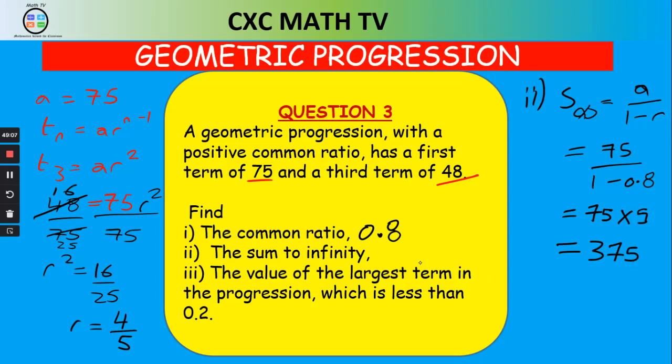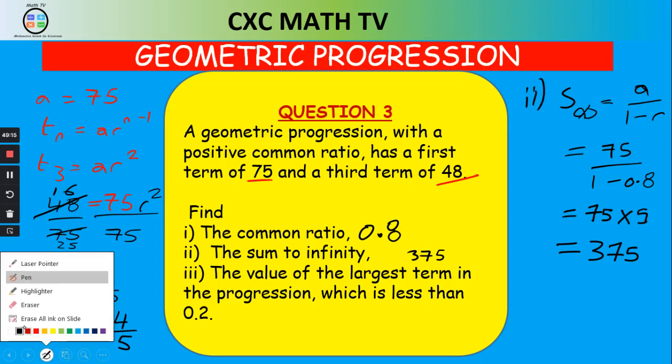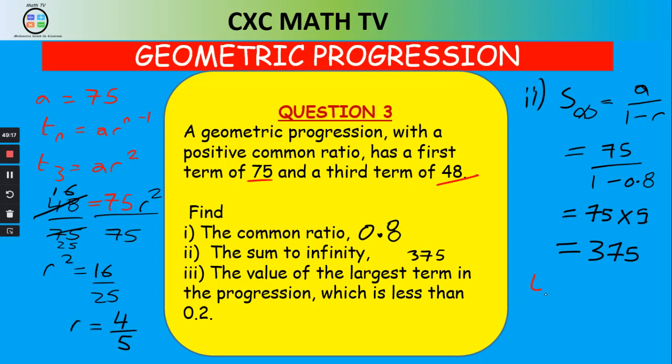It's 375. Now they say the value of the largest term in the progression which is less than 0.2. So we need the term in the progression that is less than 0.2. Now Tn is less than 0.2. Remember, Tn is what? ar to the n minus 1 less than 0.2.